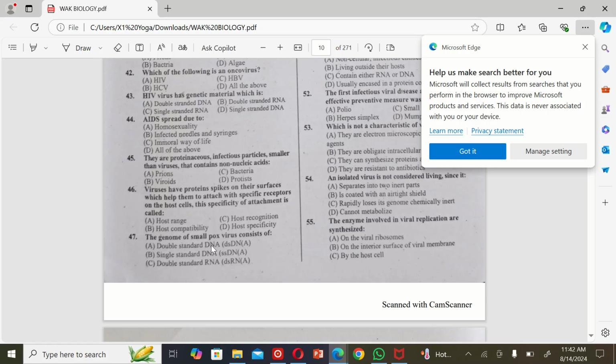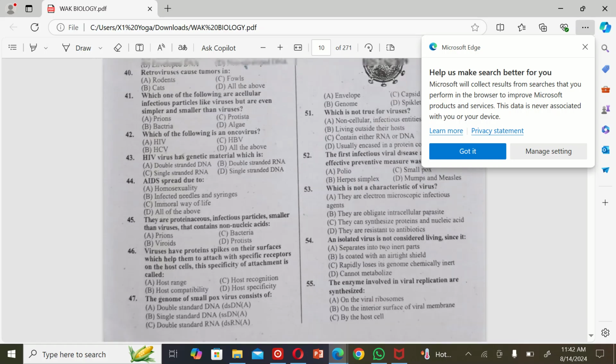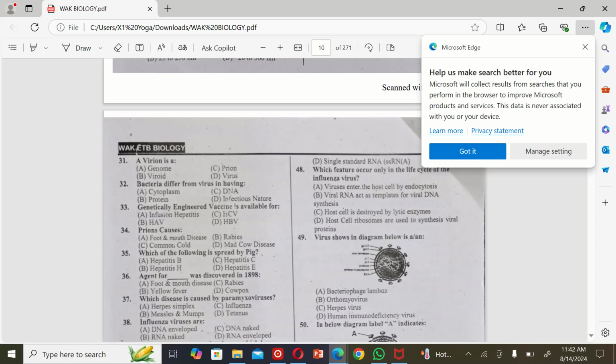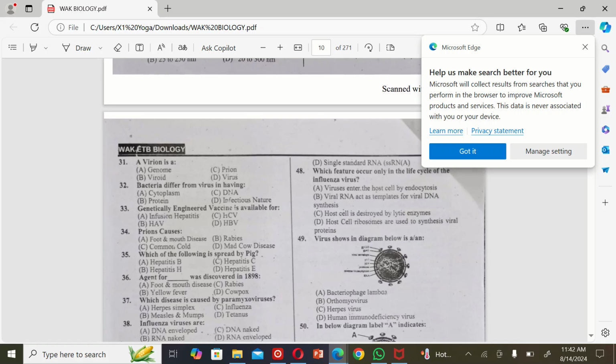Host range. The next MCQ is: the genome of smallpox virus consists of A, double-stranded DNA, B, single-stranded RNA, C, single-stranded DNA, and D, double-stranded RNA. The correct option is A, double-stranded DNA. The next MCQ is: which feature occurs in the life cycle of the influenza virus?